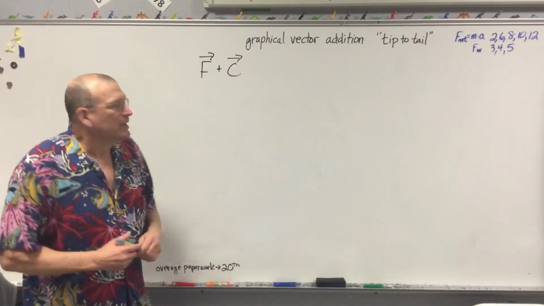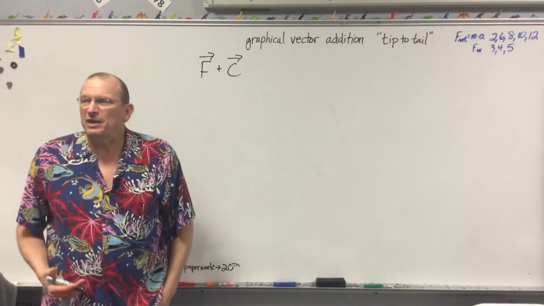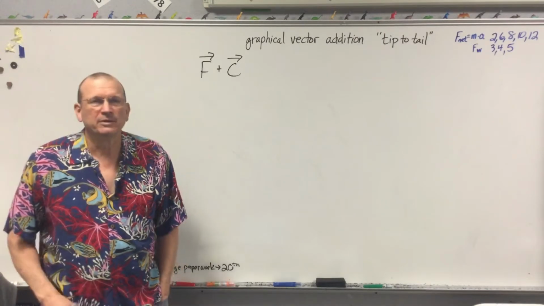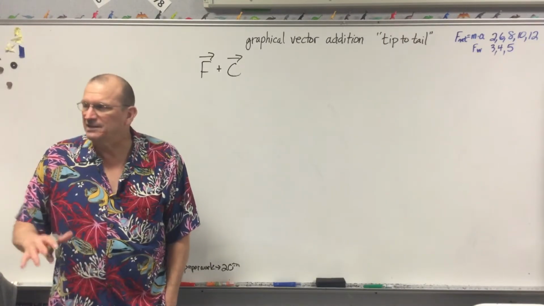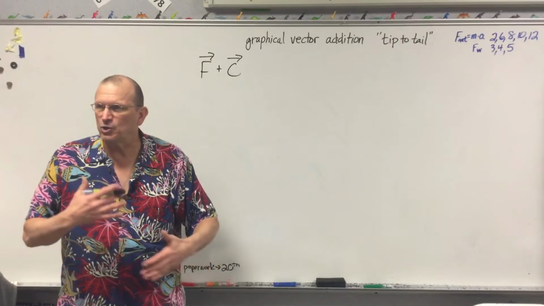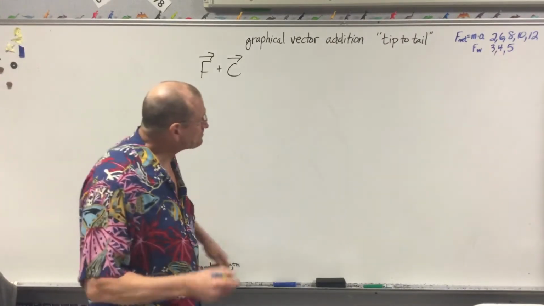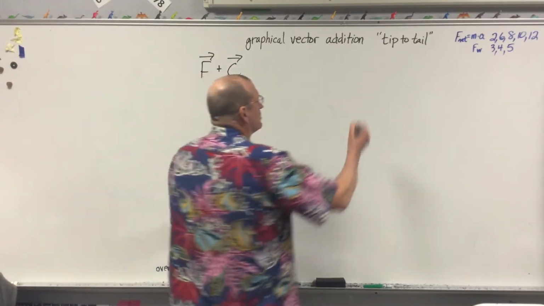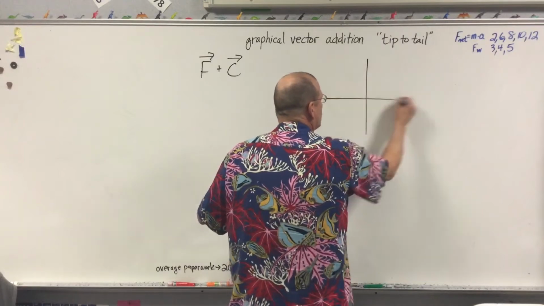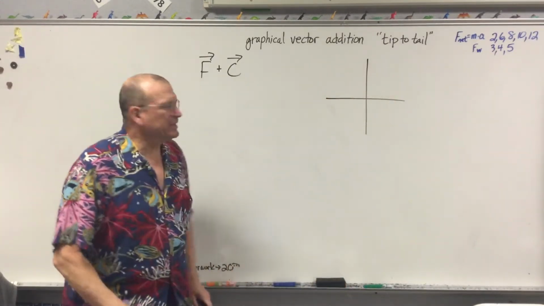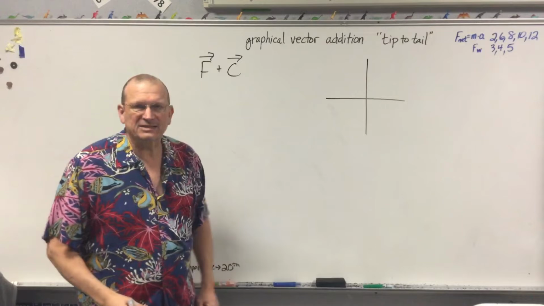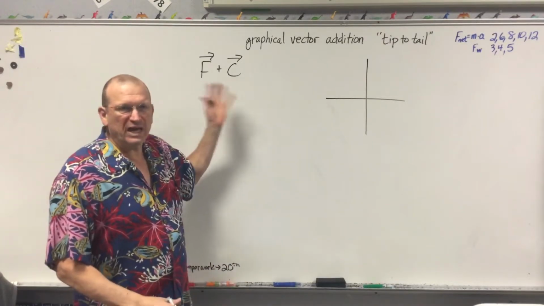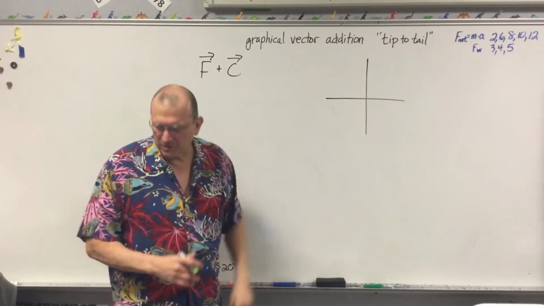Now I'm going to show you how they present this in a math book, which I hate because it's not the way that you really add them together. If you were given this problem in a math book, you'd be given some coordinate axes and they would show you F and C actually drawn.